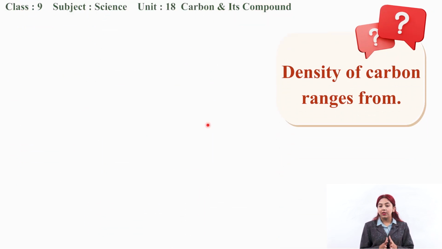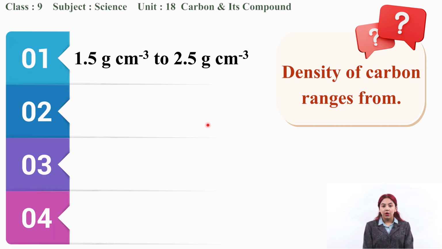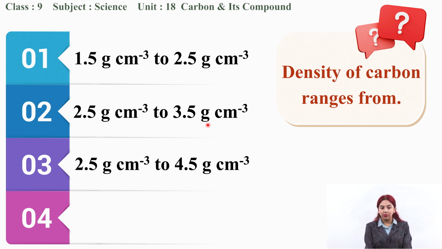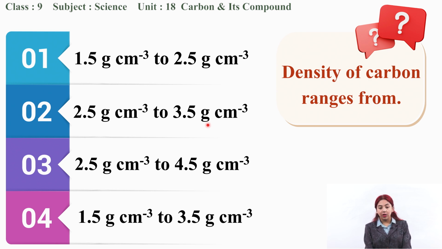Now another question is, what is the range of the density of carbon? So I have 4 options for you: 1.5 to 2.5 gram per centimeter cube, 2.5 to 3.5 gram per centimeter cube, 2.5 to 4.5 gram per centimeter cube, and 1.5 to 3.5 gram per centimeter cube.